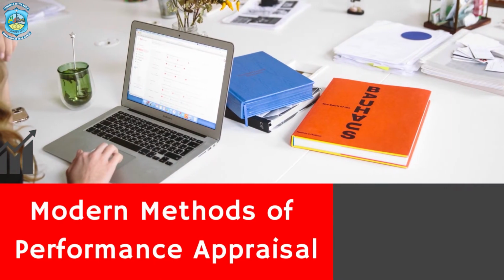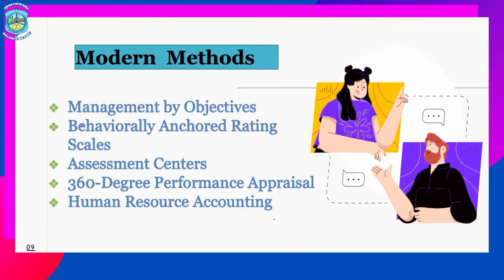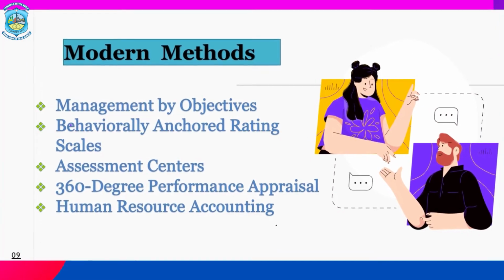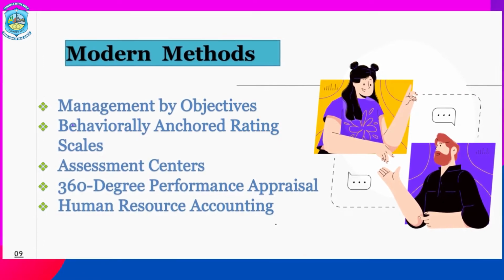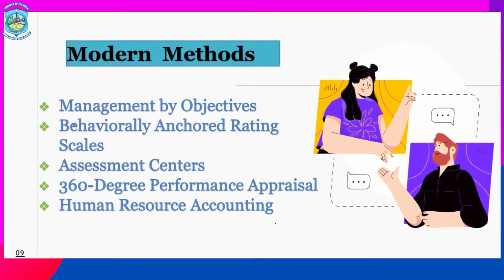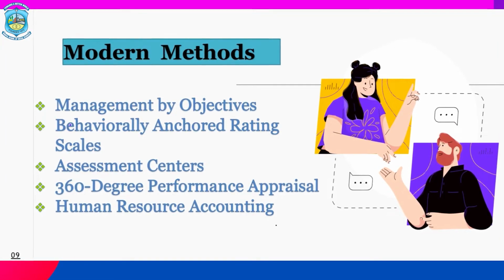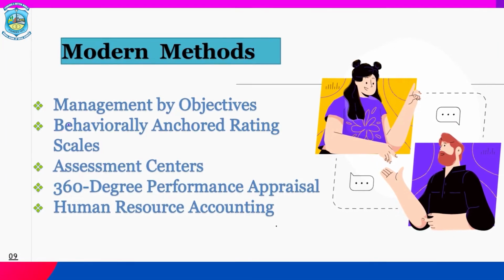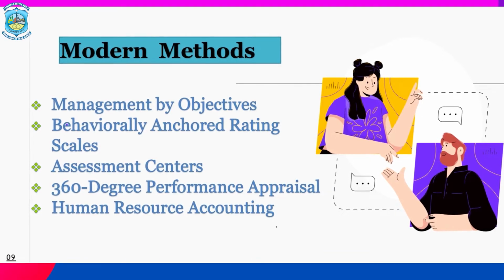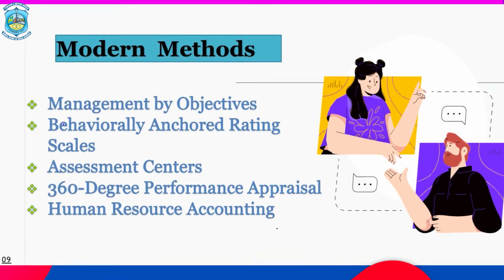Similarly, there are various modern methods of appraisal, but in this video we will be talking about a few of them: management by objectives, also known as MBO, behaviorally anchored rating scales, known as the BARS method, assessment centers, the 360-degree performance appraisal method and human resource accounting, that is HRA.